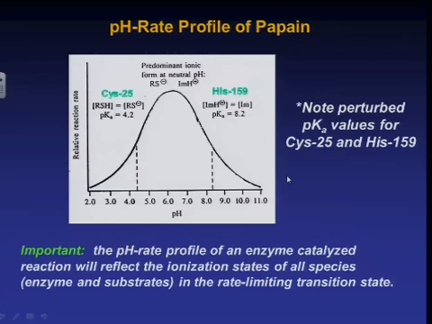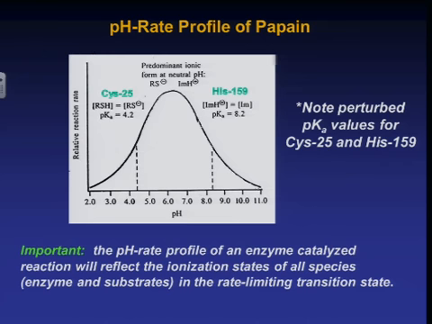So now let's say we do a pH rate profile for an enzyme. So we're moving away from that simplistic chemical catalyst. What we will see is typically a bell curve. So there are a few points here.